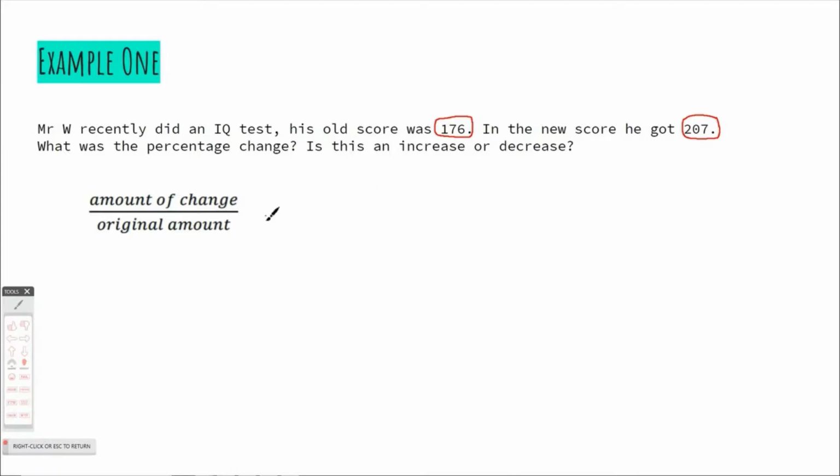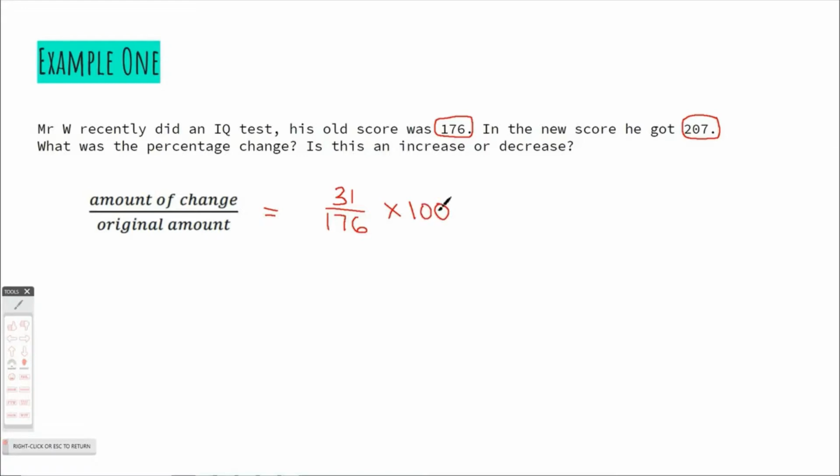So if his old score was 176 and his new score was 207, the amount of change is 31. This is the difference between 207 and 176. The original amount is 176.